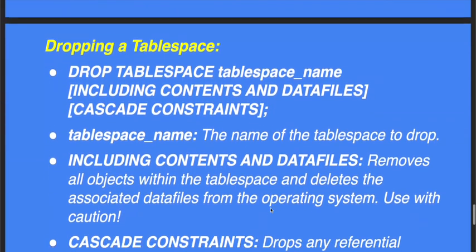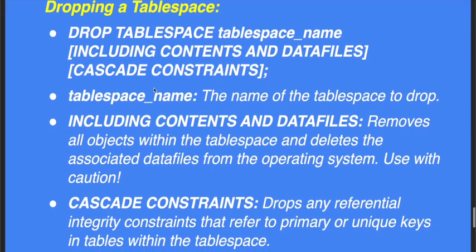So dropping, how can you drop a tablespace? Simple command: drop tablespace name. It will be enough, but you can mention parameters like including contents and datafiles, cascade constraints.